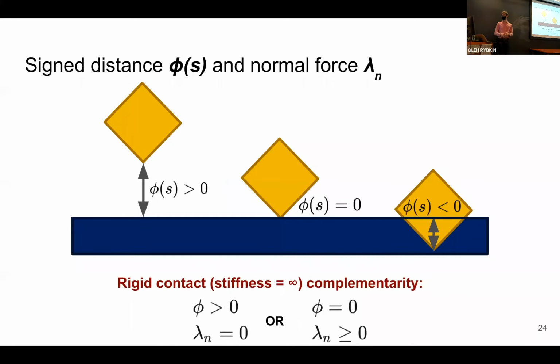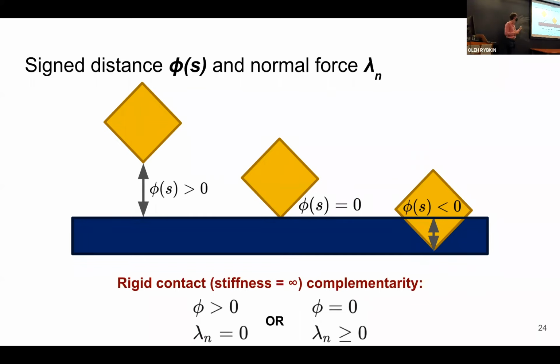So what is signed distance? More precisely, it's a mechanism that simulators use to, amongst other things, detect collision. If you have 2 objects that are out of contact, so there's some space between them, the signed distance is equal to the minimum distance between any 2 points on the 2 objects.